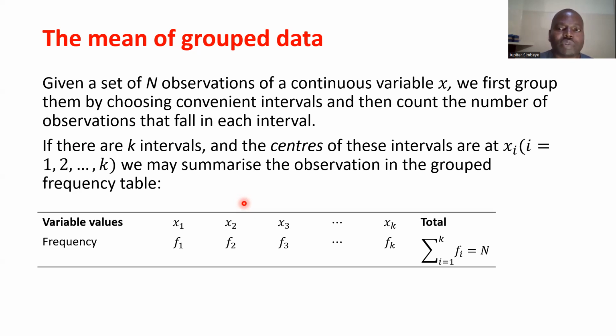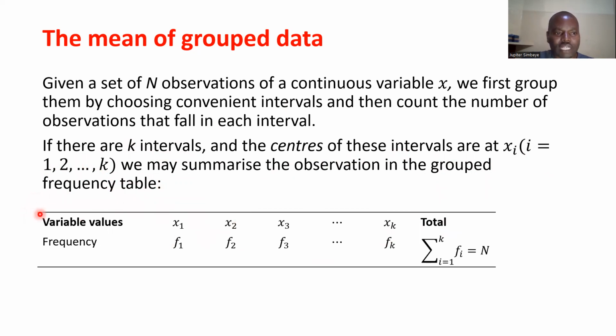So what is very important here is the calculation of class centers, because these class centers are what we are going to use here. So if there are k intervals and the centers of these intervals are at xi, i from 1 to k, we may summarize the observations in a grouped frequency table as follows.